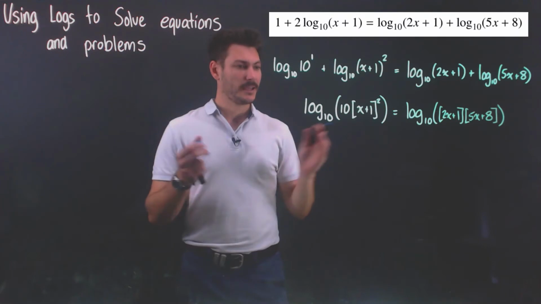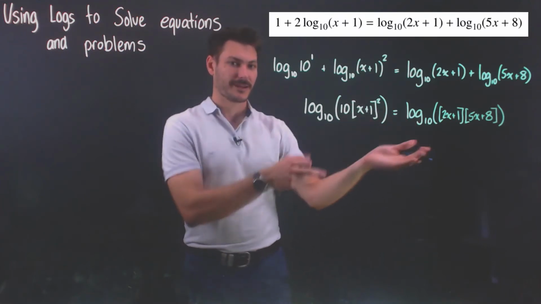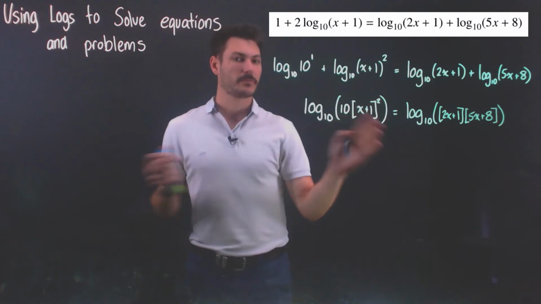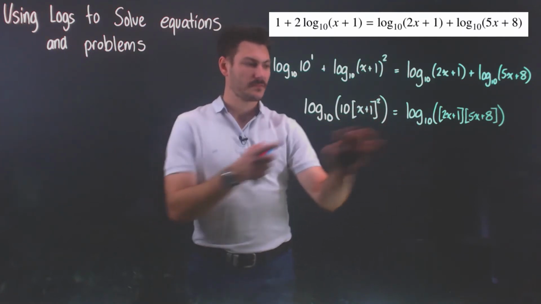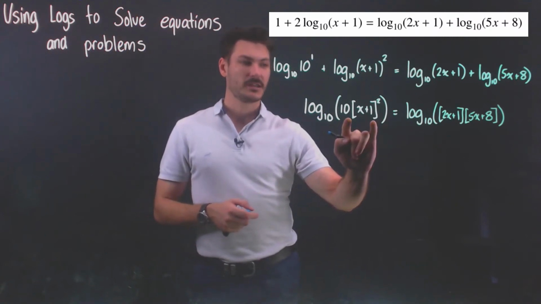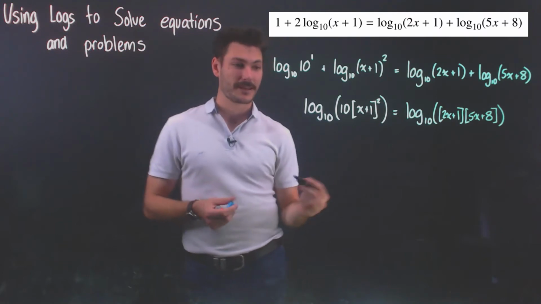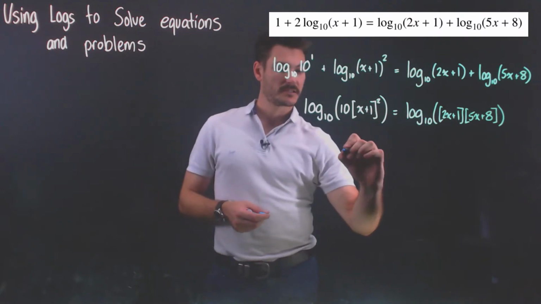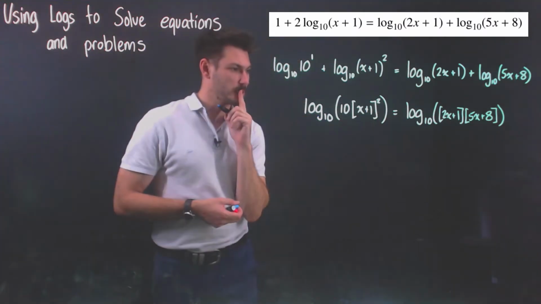My next step is to recognize that I have a left hand side and a right hand side which are both log base 10. So these log base 10s can just go away, because if these two sides are equal and they're both log base 10, then this expression here must be equal to this expression over here. So I'm going to write that down as my next step. Should I expand at the same time?